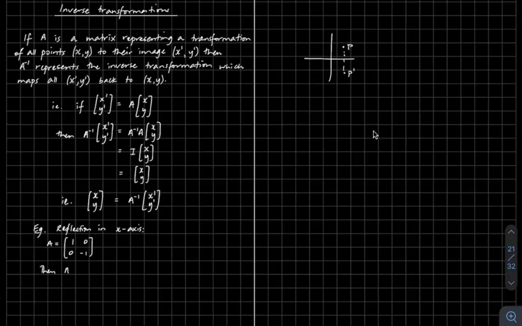Then A inverse is equal to 1 over the determinant, which in this case is going to be negative 1 minus 0, times 1, 0, 0, negative 1. That's going to be equal to negative 1 times 1, 0, 0, negative 1.